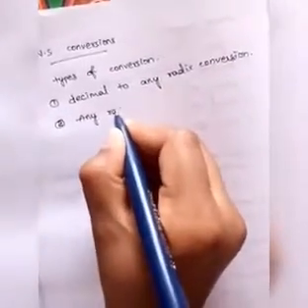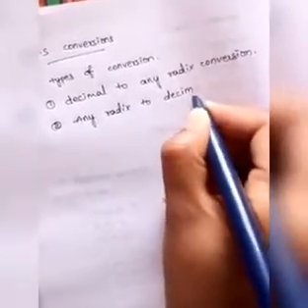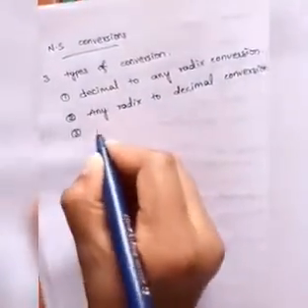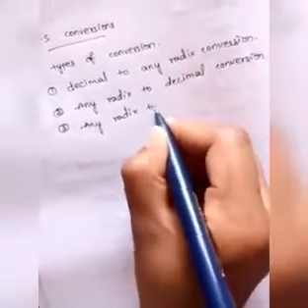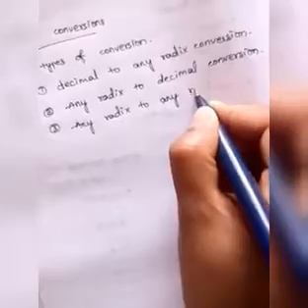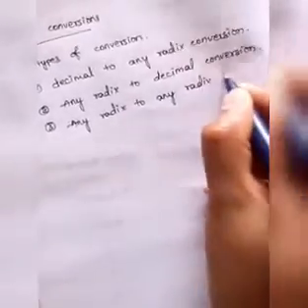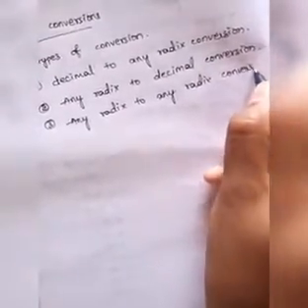Second one is any radix to decimal conversion. And third one is any radix to any radix conversion. So now we discuss about each type of conversion individually.